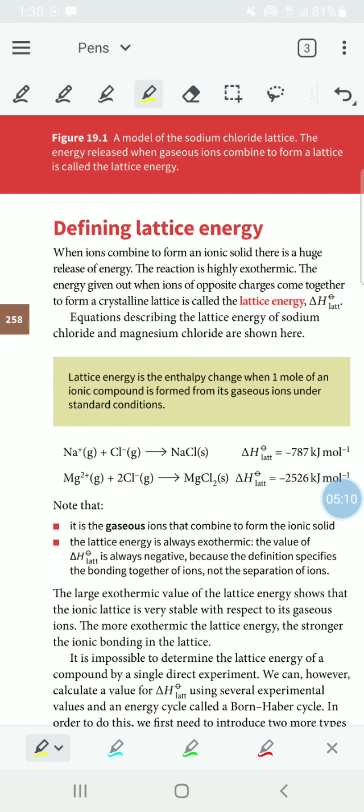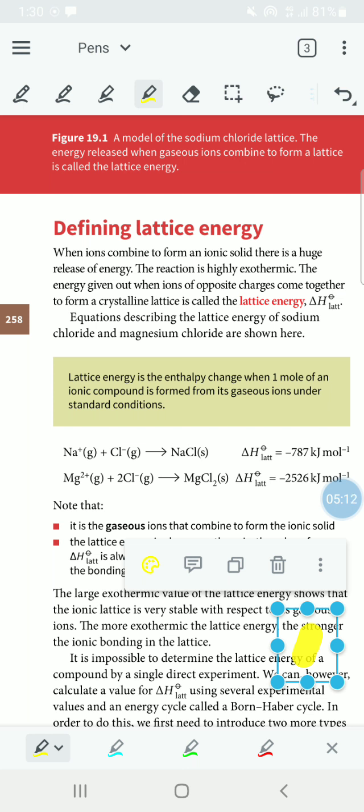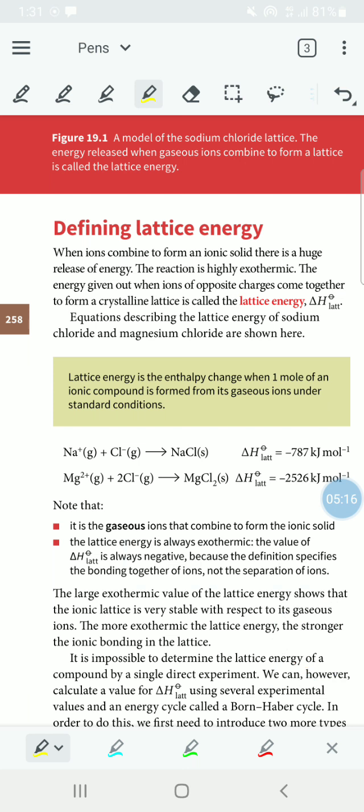The large exothermic value of the lattice energy shows that the ionic lattice is very stable. What does that mean? When two or more ions get together to produce 1 mole of ionic compound, if a lot of energy is released, then to reverse that reaction we have to give it the same very high amount of energy, and that is not easy.